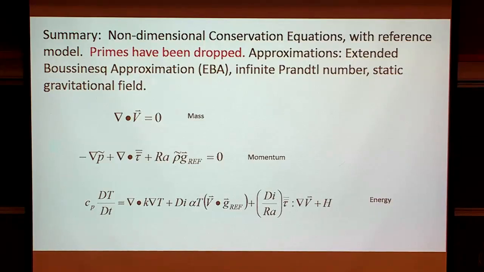So if the expansivity is uncertain by a factor of 2 or 3, that's nothing compared to the uncertainty I have in the viscosity, which I don't know to within orders of magnitude. So I never stress out about not knowing the thermal expansivity in detail, because I'm always worried about the viscosity term. This is the one that always gets me the most. That's the one we don't have any good constraints on.